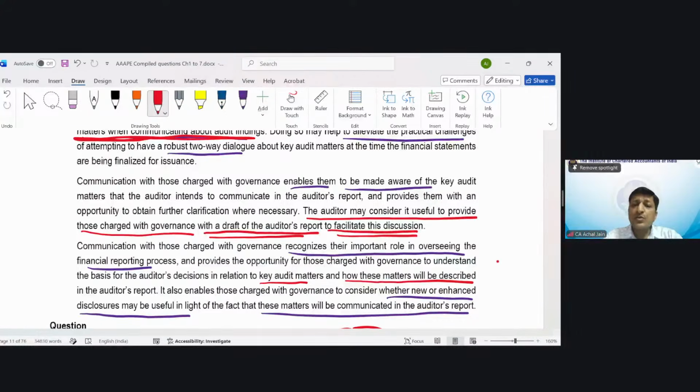It also enables those charged with governance, TCWG, to consider whether new or enhanced disclosures may be useful. Why? Because that's something which the auditor is going to report upon in the auditor's report. Is there anything which they want to maybe put down? So that's a matter for the consideration of TCWG.